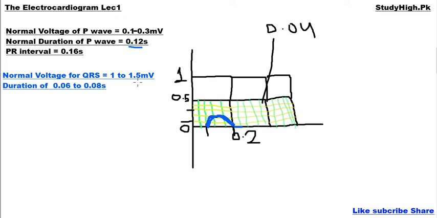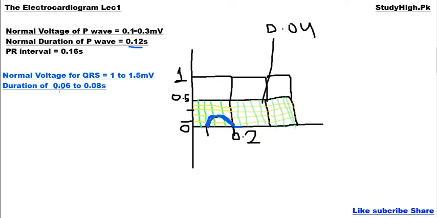Then we record the normal ECG and compare it to see if some abnormality is present in the patient's heart or not.